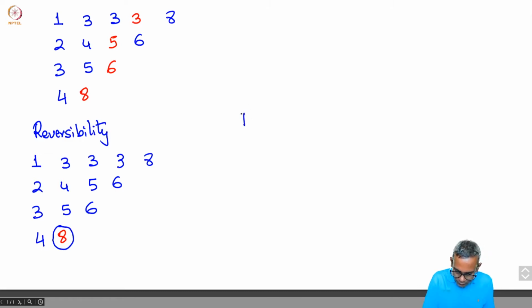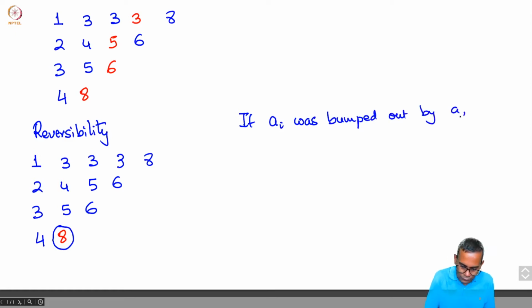So if AI was bumped out by A, then firstly we know that A has to be less than AI. And we also know that everything to the left of A has to be less than AI.